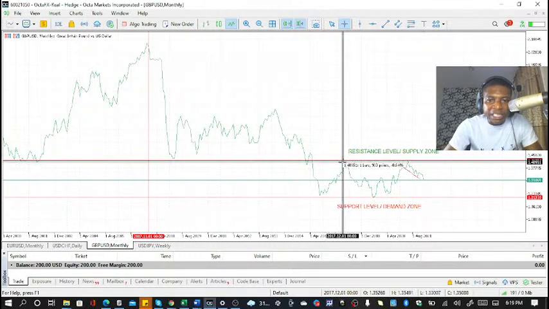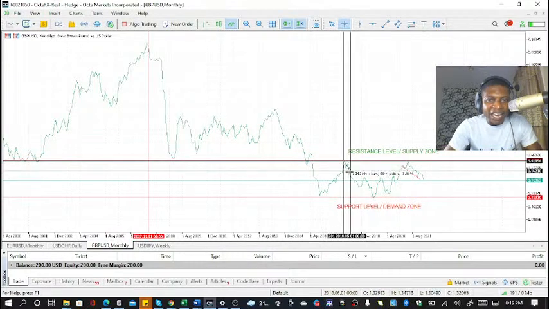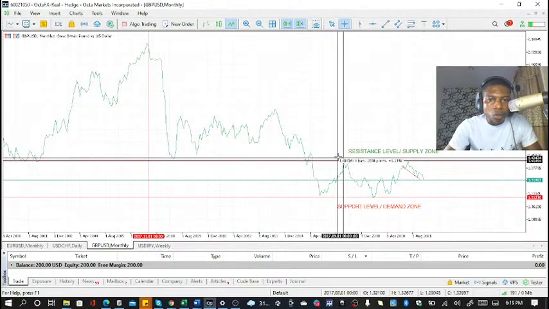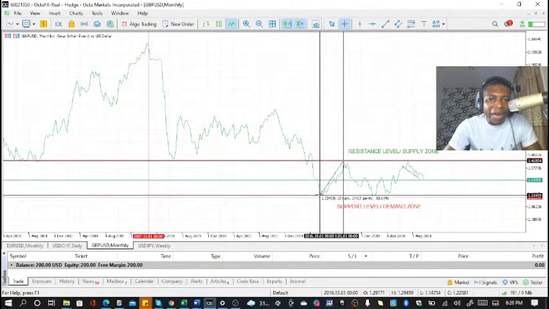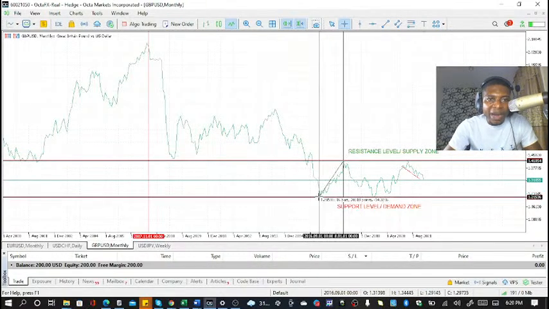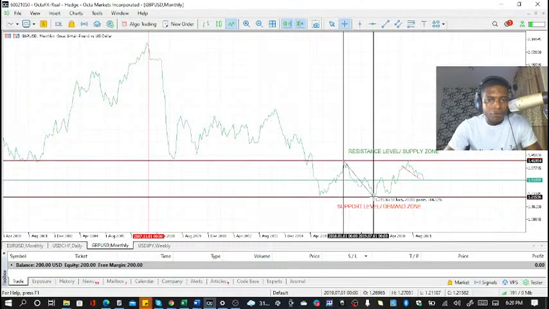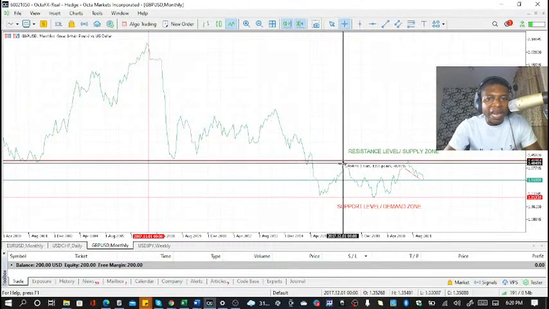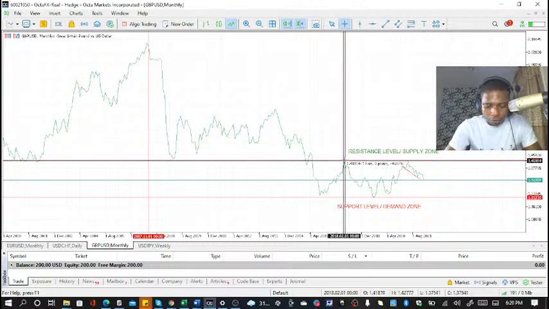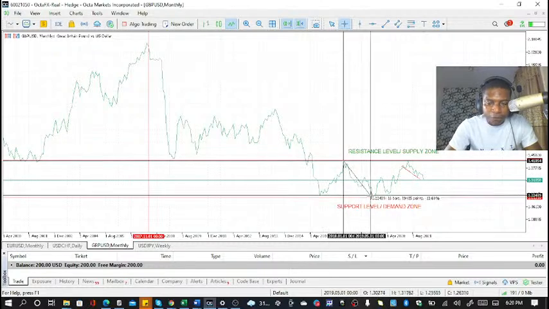So this zone here is called supply zone. It's a sell zone, where buyers who have been buying pounds from this level down to this level are now selling off. So this level becomes a supply zone, a sell-off zone.